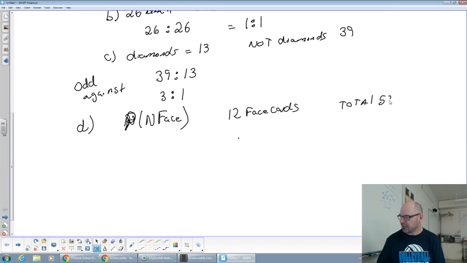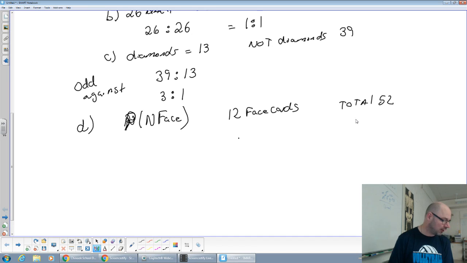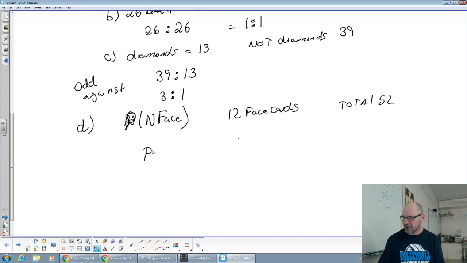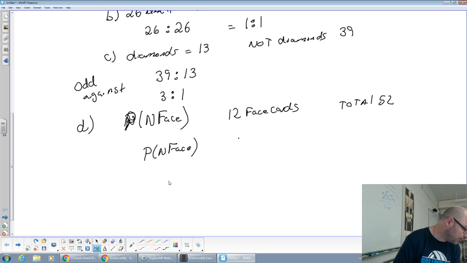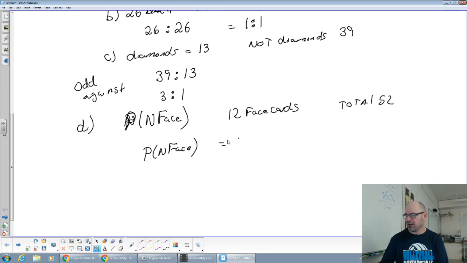So we don't have to find unfavorable and favorable because it's probability. We have favorable and total, so we're good. So the probability of not finding a face card. Well, what's 52 minus 12? 52 minus 12 gives us 40 not face cards.